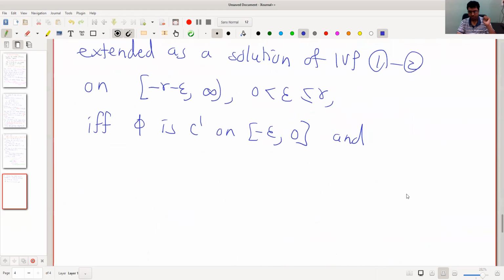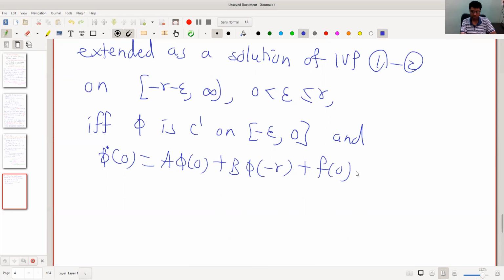Okay, and phi dot of 0 equal to a phi of 0 plus b phi of minus r plus f of 0.